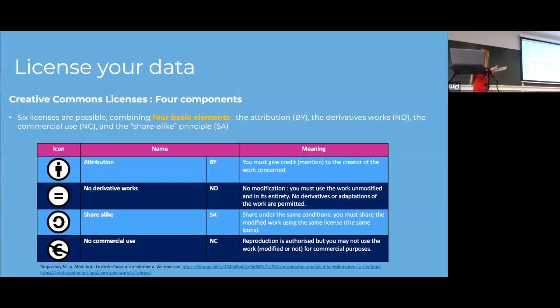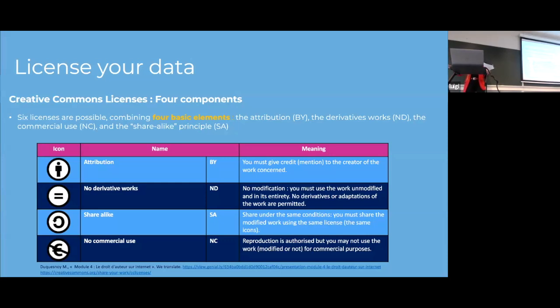Another element is that the open license preserves the author's moral rights, so the right of authorship. The author grants in advance to the user the right to use, to redistribute, for example, or to share his work under a certain condition.